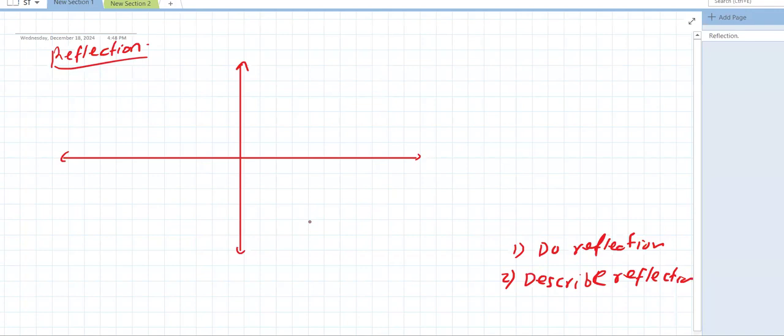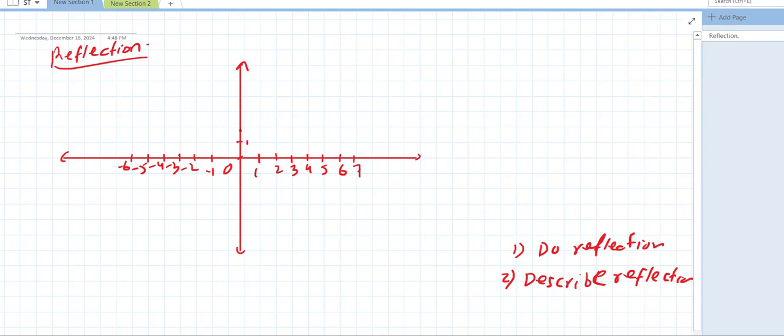Because we have to do it in the coordinate plane, let's say this is called the origin. These will be the coordinates like 1, 2, 3, 4, 5, 6, 7. On that side, it will be -1, -2, -3, -4, -5, -6, and so on.